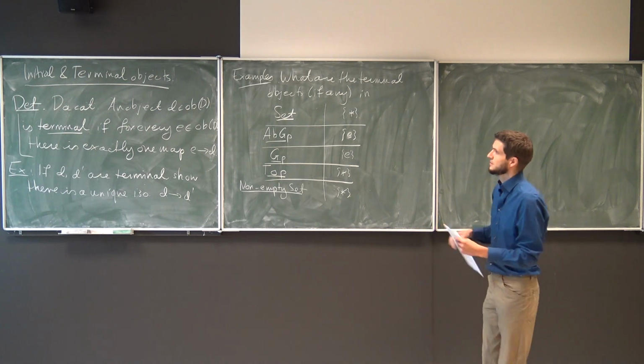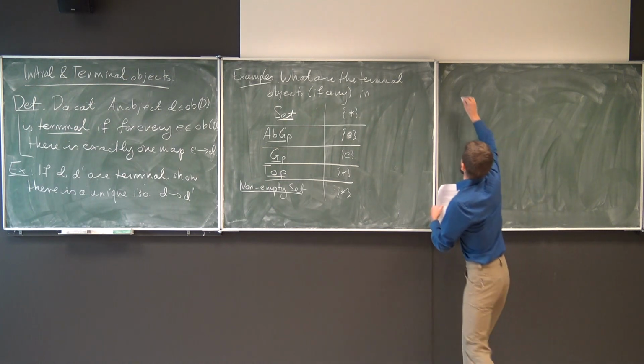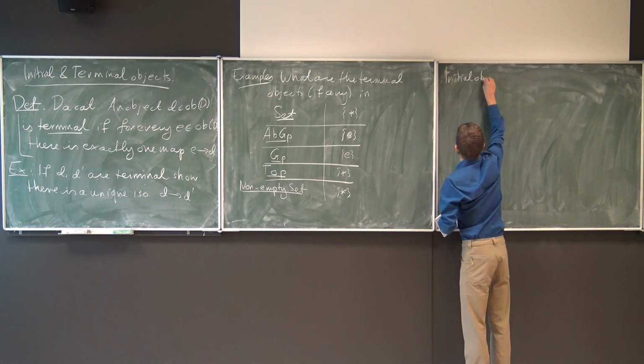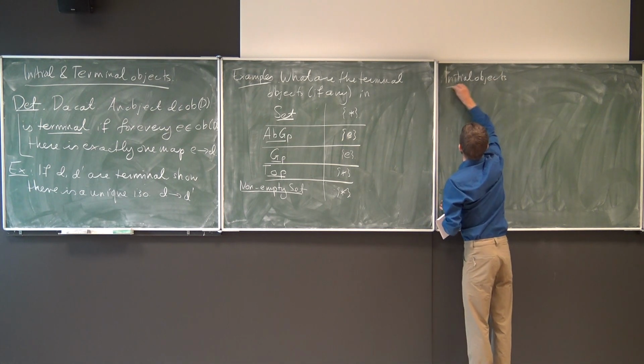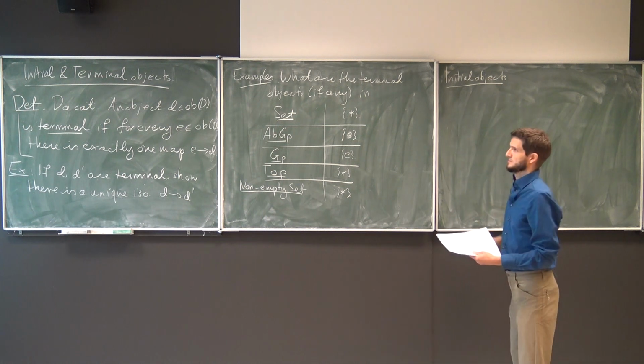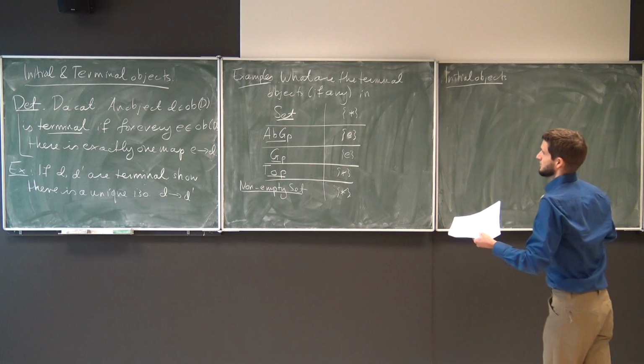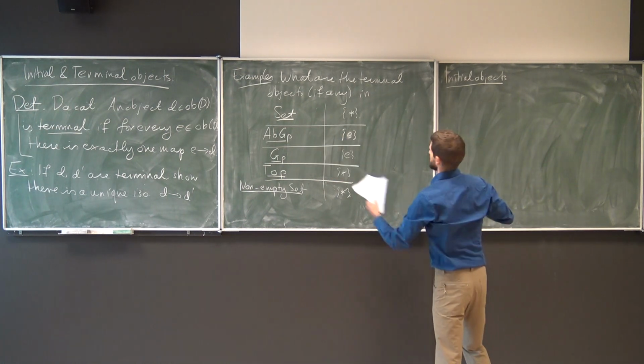Okay, so that was terminal objects, let's do initial objects. So an initial object of a category is just a terminal object of the opposite category. For the sake of variety, I'll write down the definition in the same flavor.